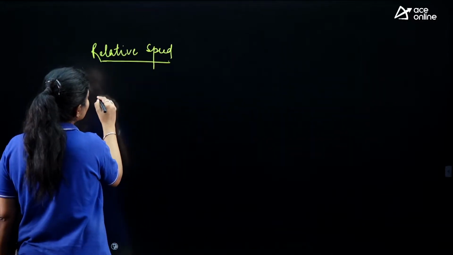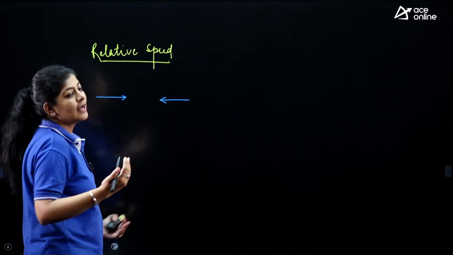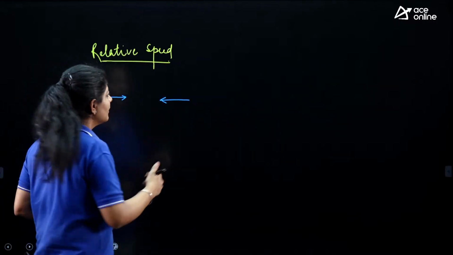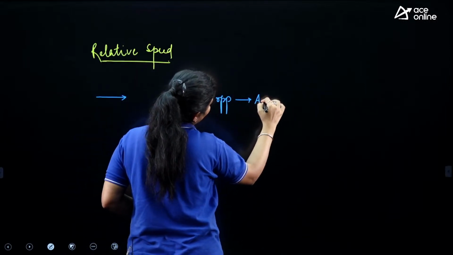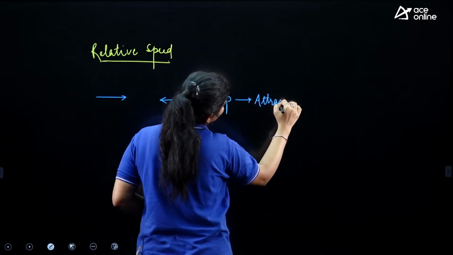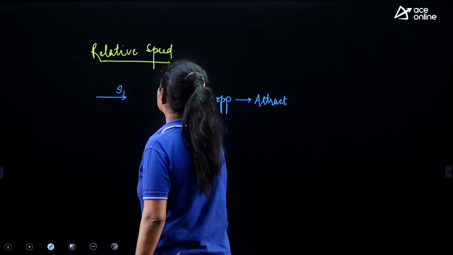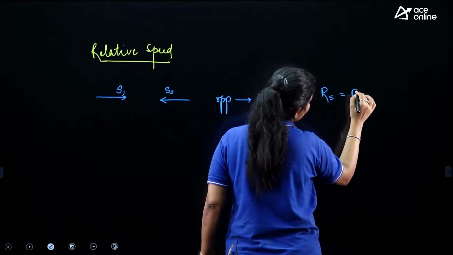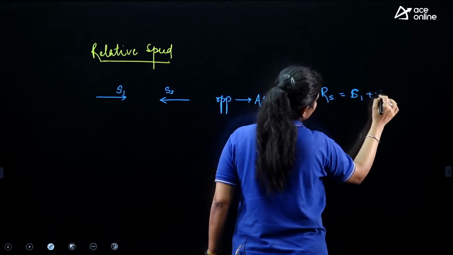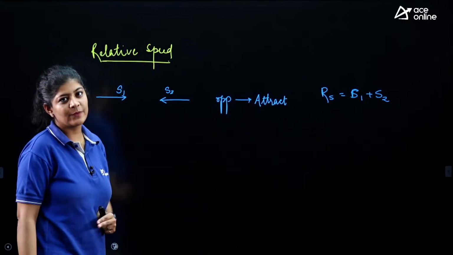In relative speeds, if both the trains or both the persons are coming from the opposite direction, we know that opposites attract each other. That means if we assume the speeds are S1 and S2, then the relative speed here is S1 plus S2, the total sum of these two.